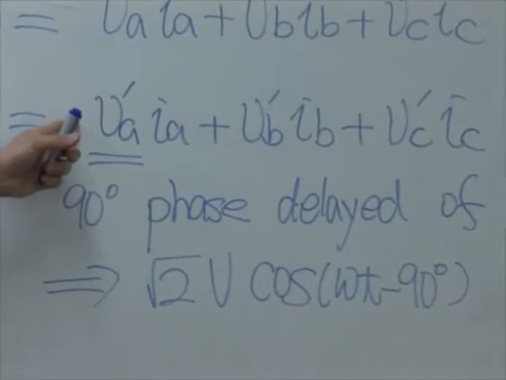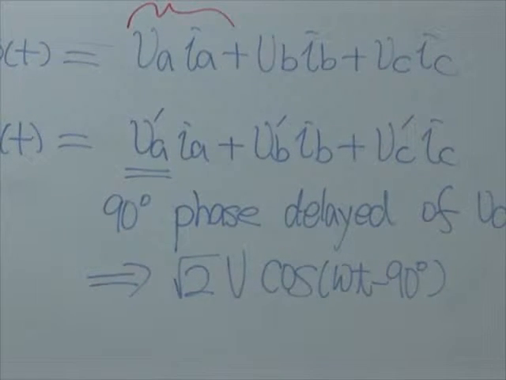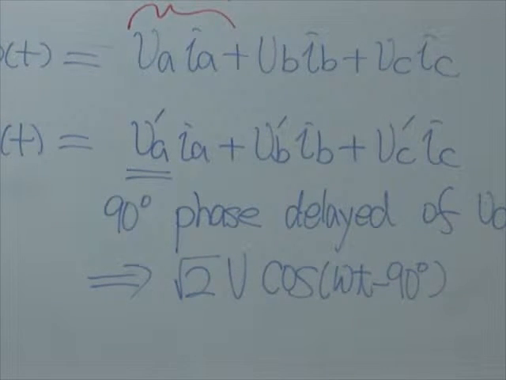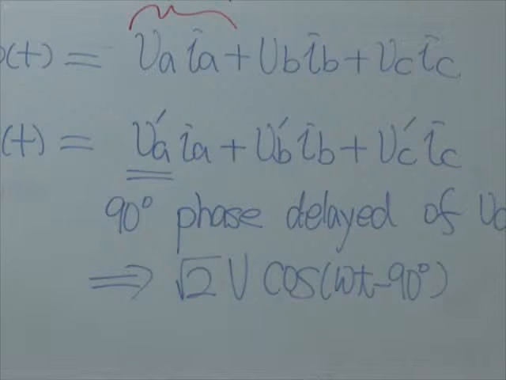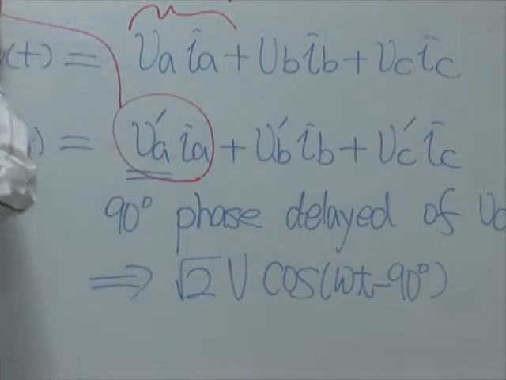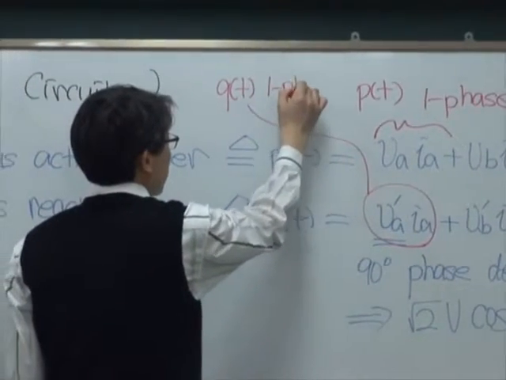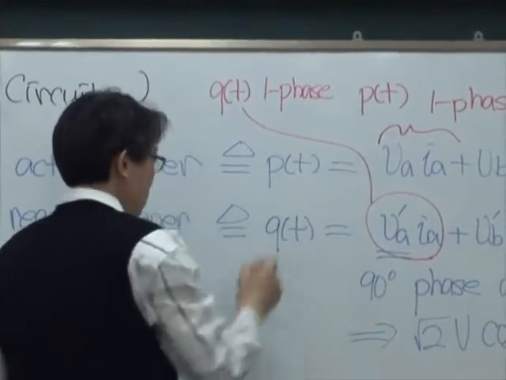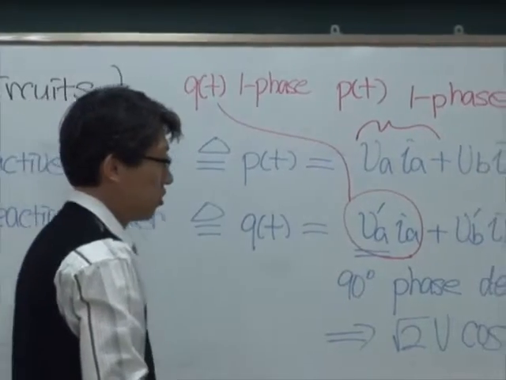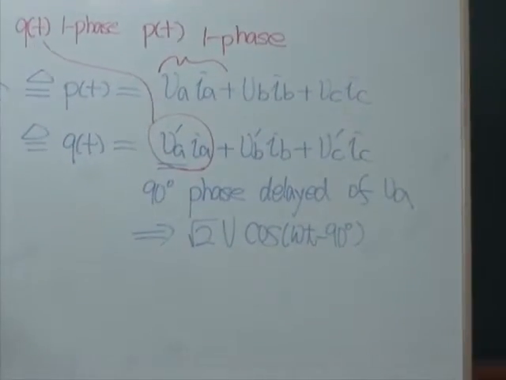This is the first time, right? So this is actually the original definition of instantaneous reactive power. Of course, for the single phase case, this is Q(t). Here I just added two additional terms to match the three-phase case.